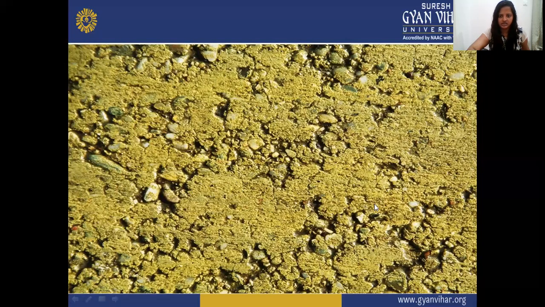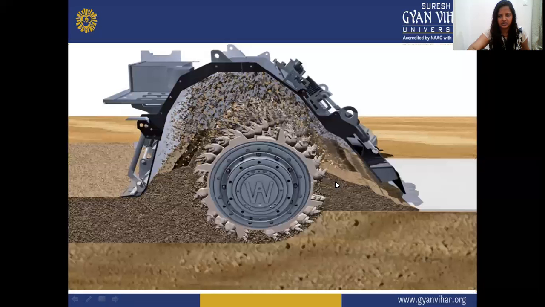So this is the structure that we see, where a portion of the soil is cut off, and we can see the voids need to be removed. So this is the whole process. We can see that.